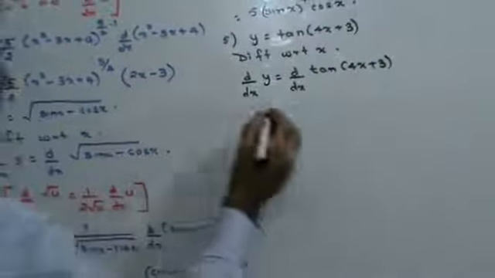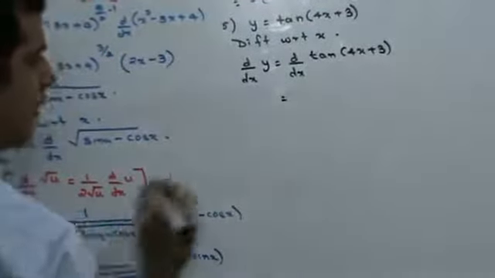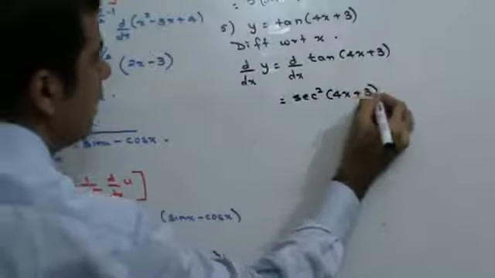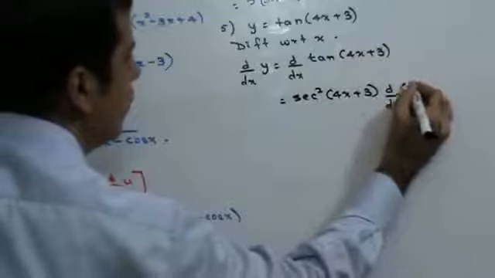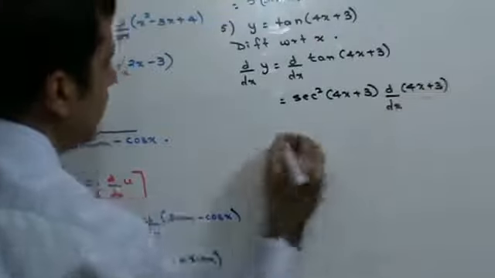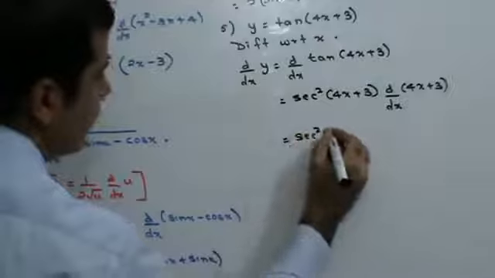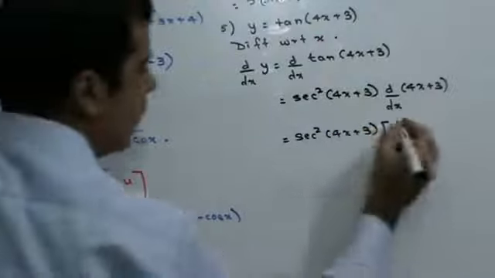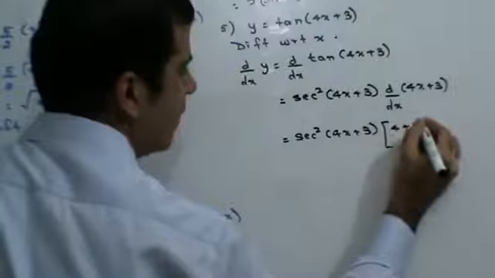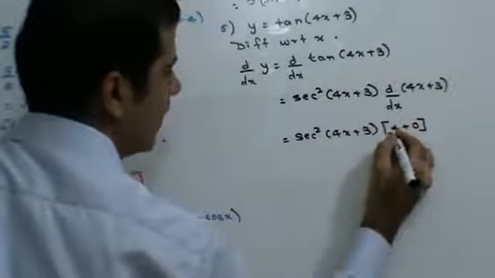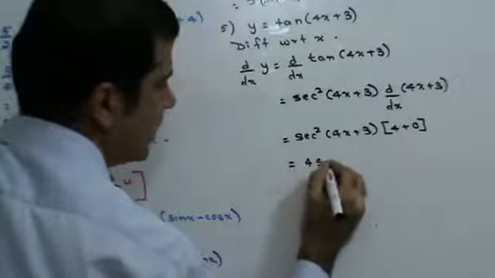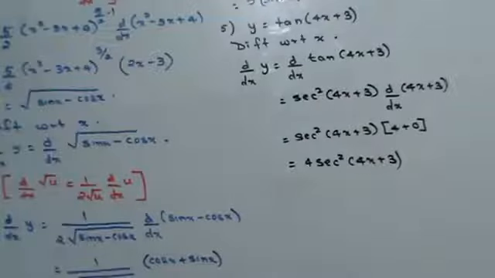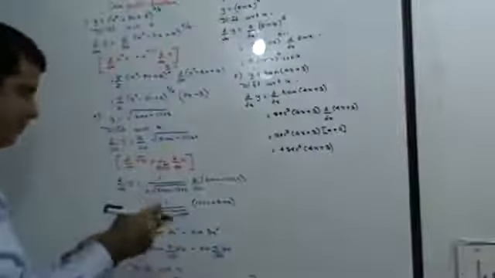Now this can be written as d by dx of tan u, which is nothing but sec square u d by dx of u. So this is going to be sec square 4x plus 3. Now d by dx of x is 1, 4 as it is, 3 is 0. So in that case this is going to be 4 sec square 4x plus 3, right? Let's see another sum, people.